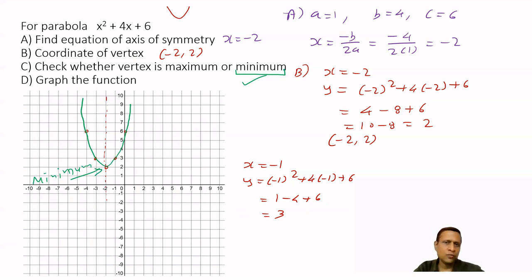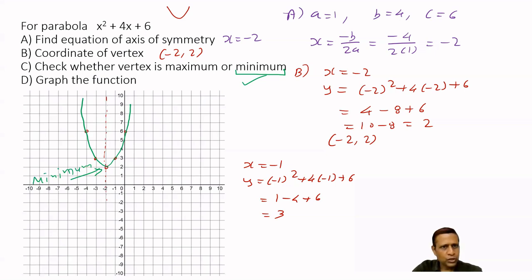To find the y coordinate of the vertex, we put this x value into the main function. We get the y value, and that will give us the coordinates of the vertex. And then you identify the y-intercept, which is just the c value, and then we can graph it, right? You can find coordinates of a few more points for better accuracy of your graph, right?